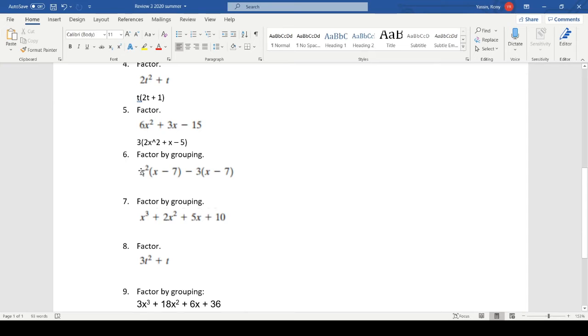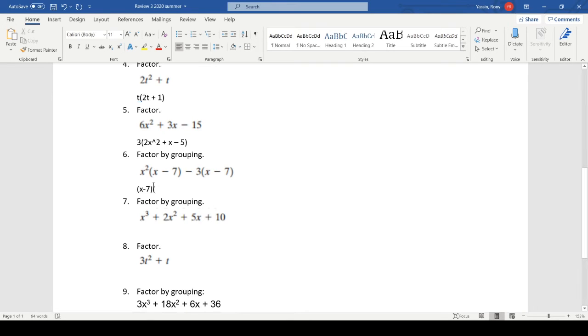If a factor by grouping problem looks like this, where there's an x minus 7 right here, and there's an x minus 7 right here, you already know the common factor on both of these two different terms is x minus 7. So you can just take out x minus 7 as your first factor.